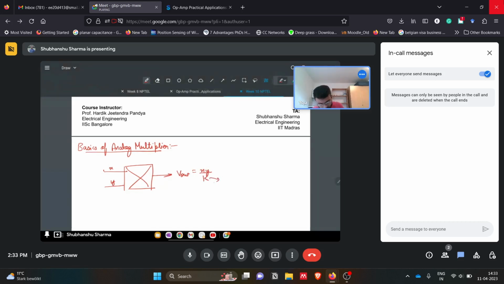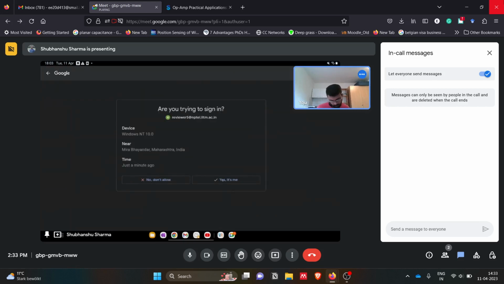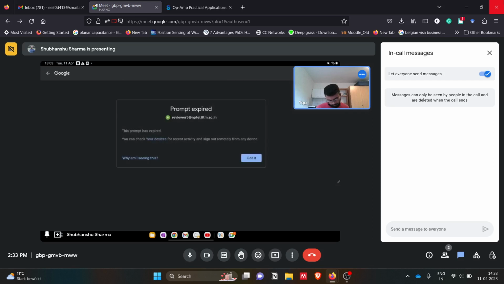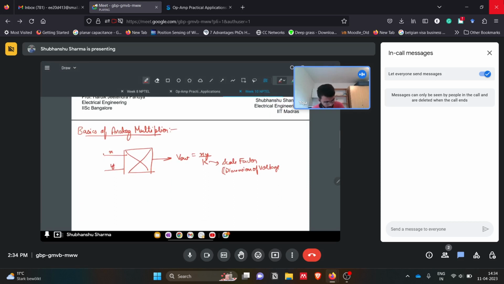This is the scale factor, and it has the dimension of voltage if the inputs are in voltage form.